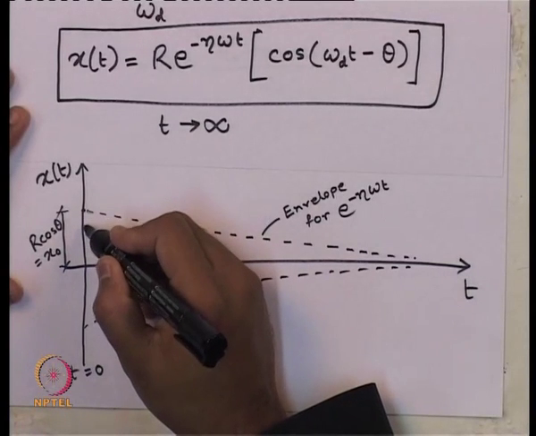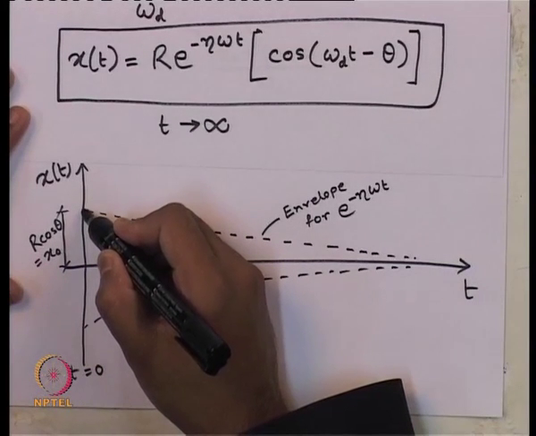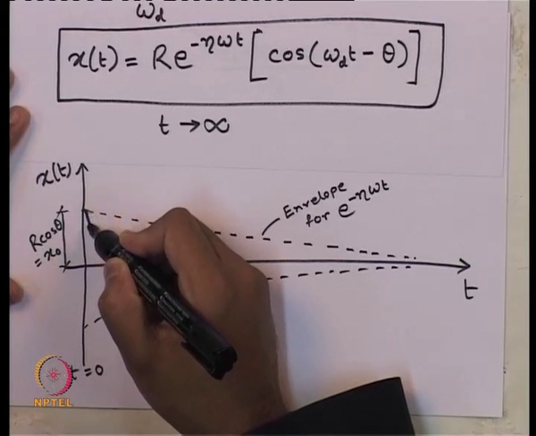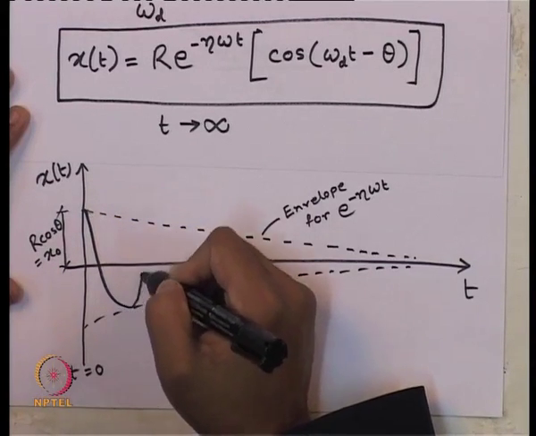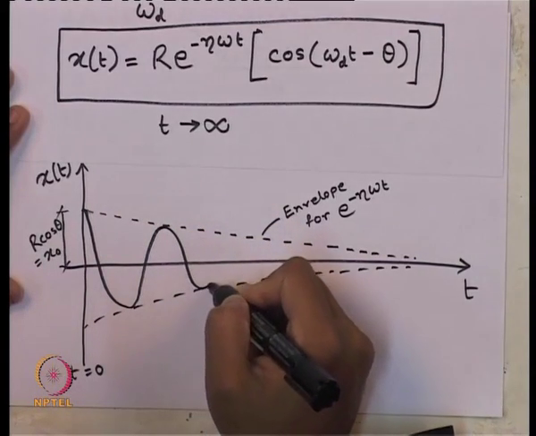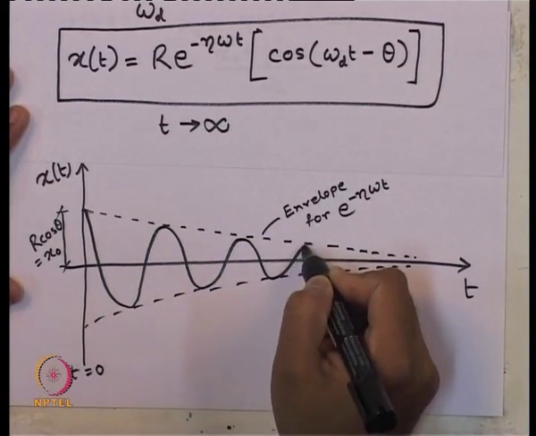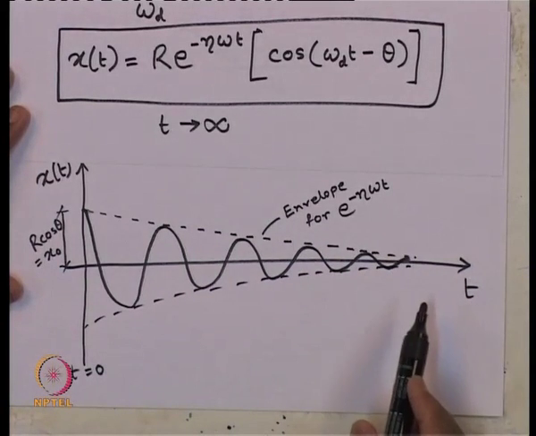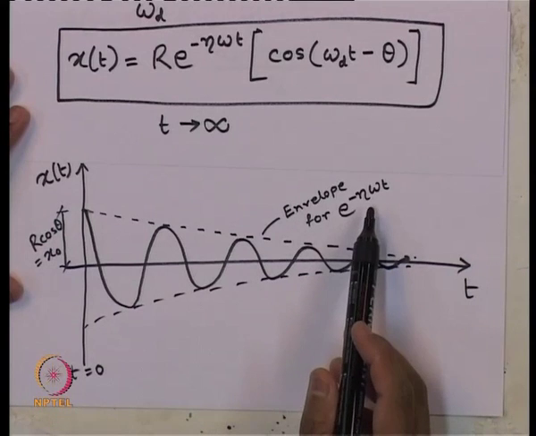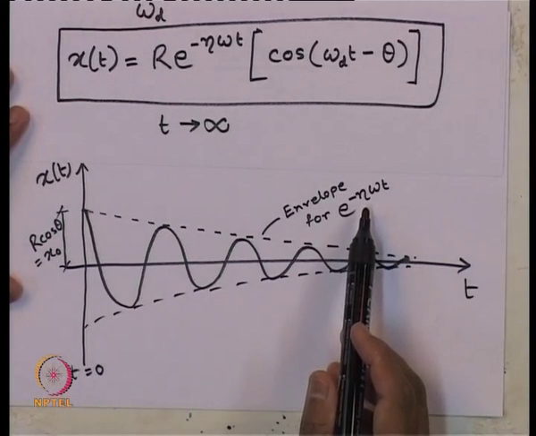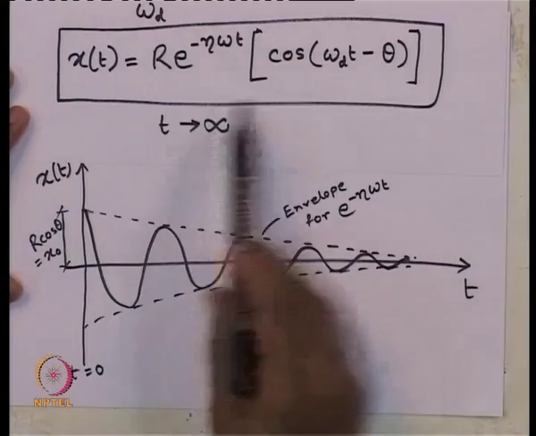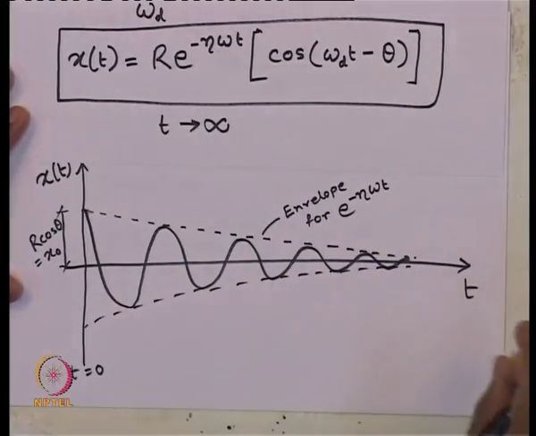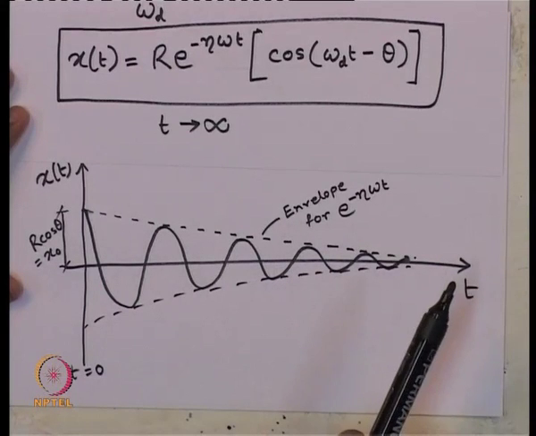What will happen? This will start oscillating between these two, and finally, with increase in time, it will die down because of the presence of this exponential decay function. So it is a harmonic function with decay in the amplitude as time increases.